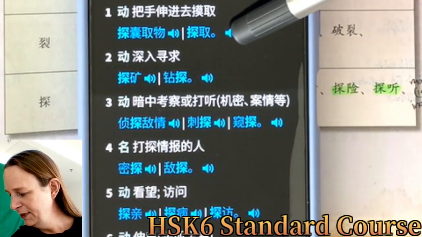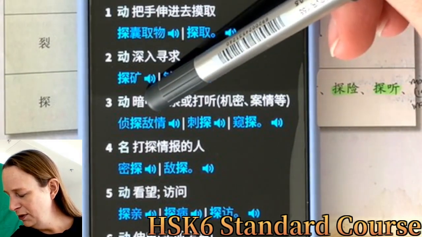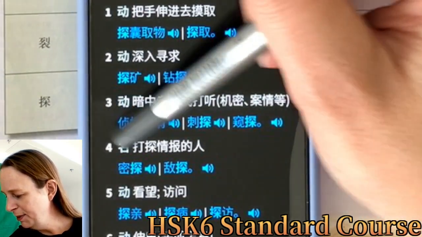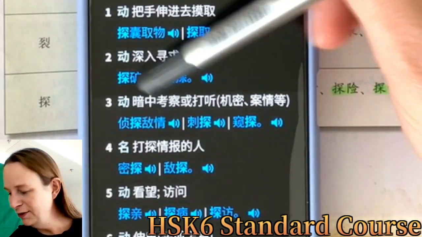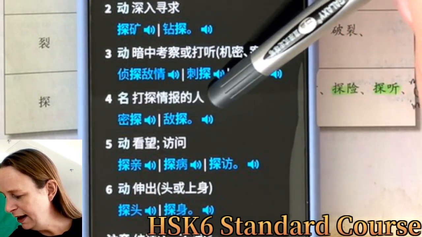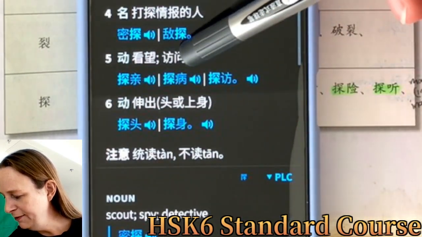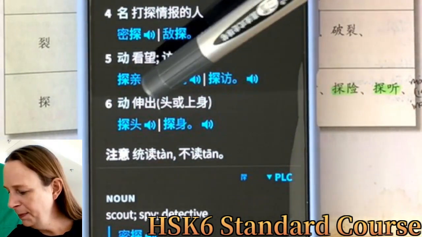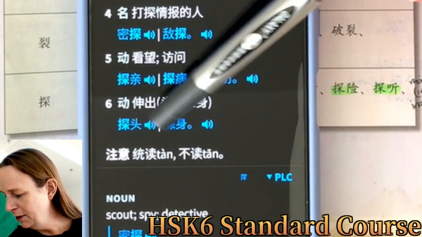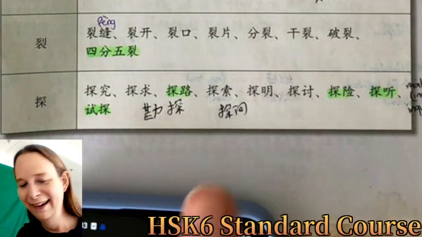Okay. 深入寻求, 暗中考察或打听. So this is probably those later definitions. 暗中, yeah, you don't let people know about it, maybe? 打探情报的人, 敌探, 密探, 看望访问, 探亲, 探病, 探访, 伸出, 探头, 探身. So none of these were the same as any of these.